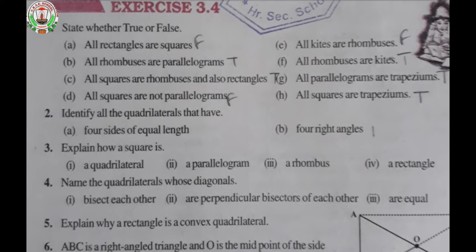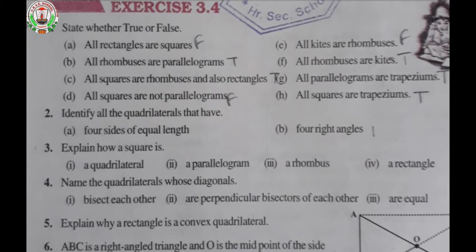That means in this question you have to say why or how a square can be considered as a quadrilateral, a parallelogram, a rhombus, as well as a rectangle. So this you have to explain in the third question.